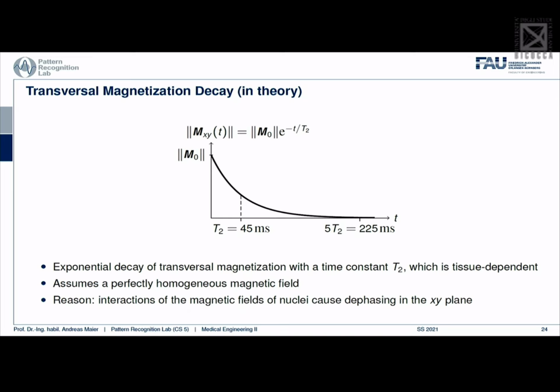They don't have the same phase anymore. They start to behave randomly and not coherently, and so the signal decays in this plane before it reappears on the other plane. Here they chose as an example a time of 45 milliseconds, compared to the 2 seconds that we were talking about, T1.